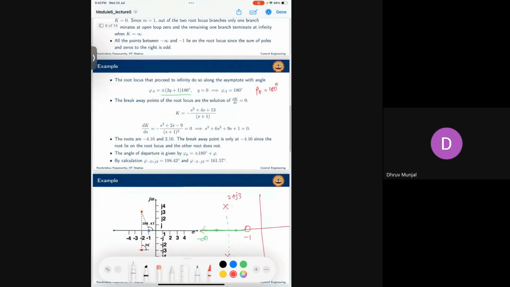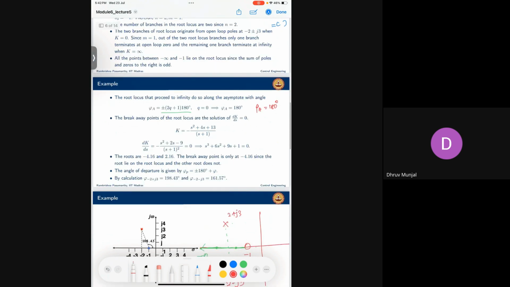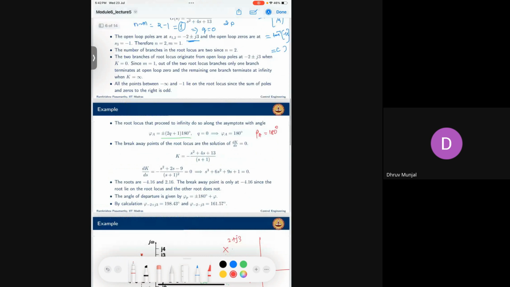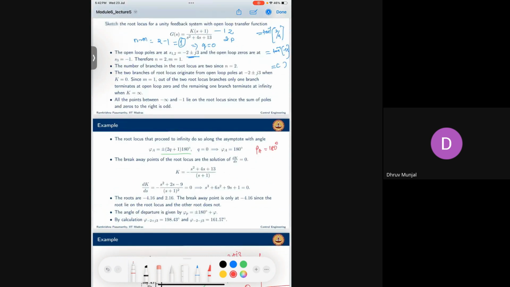Right. The next point is, this is rule 4, and rule 5 is calculating the centroid. There is only one angle, we are taking that. And for calculating the breakaway point, just rearrange this equation so that you will get it in terms of k.